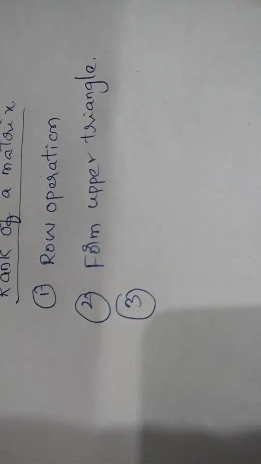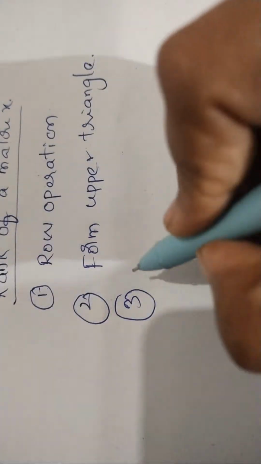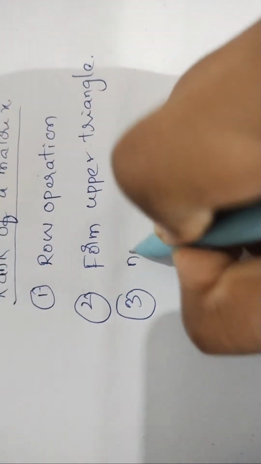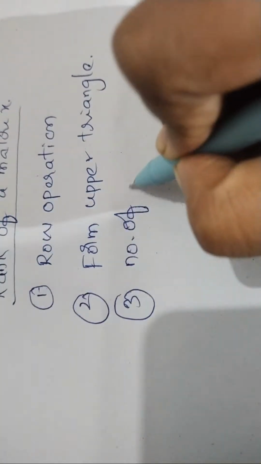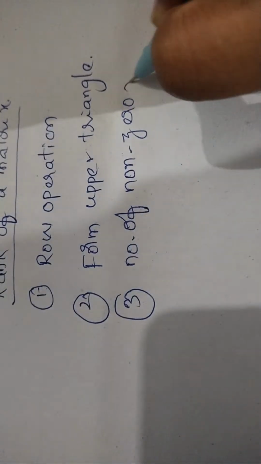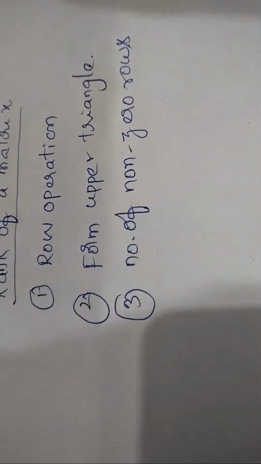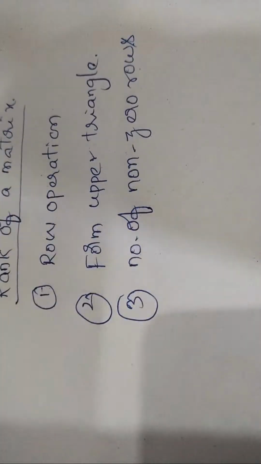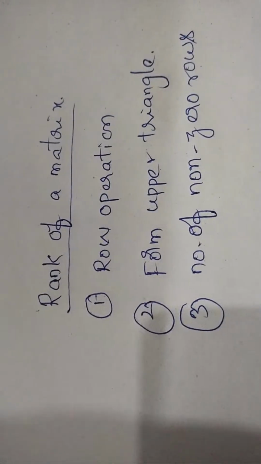And the last is count the number of non-zero rows. So these are the three main rules to find the rank of a matrix.